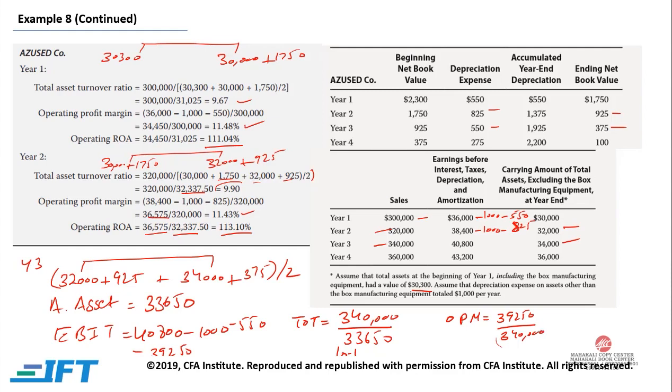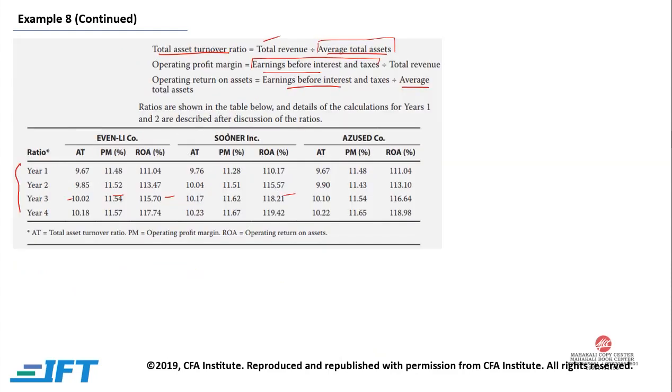And if we compare evenly, sooner, and as used, so if we compare evenly with sooner, the profit margin in the first year is smaller and return on asset is also smaller than evenly. The reason is higher depreciation.